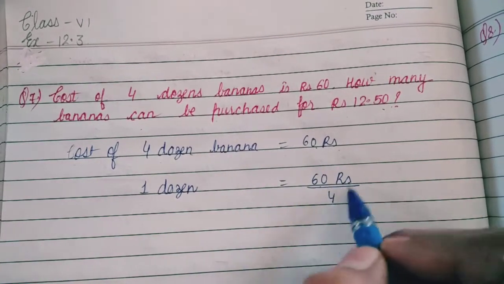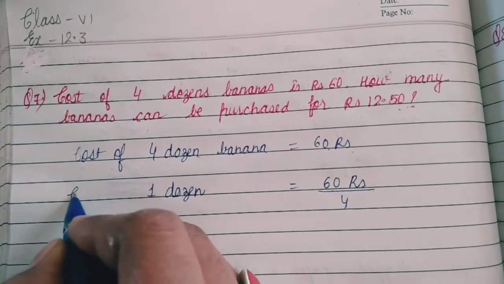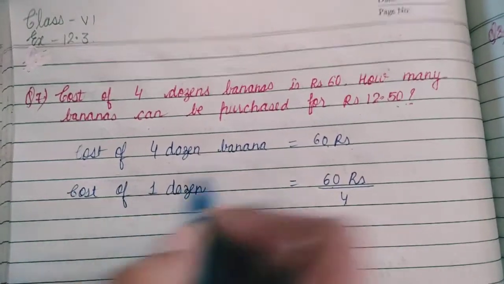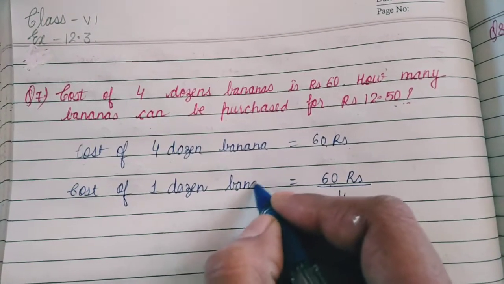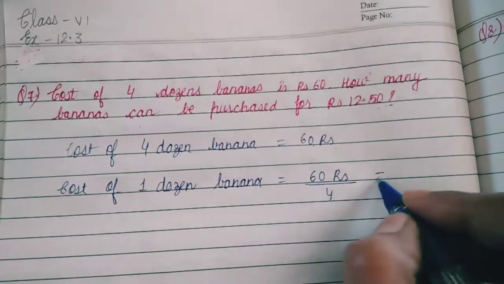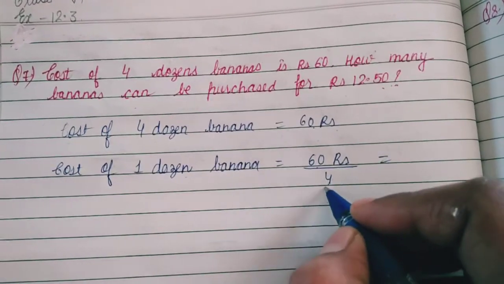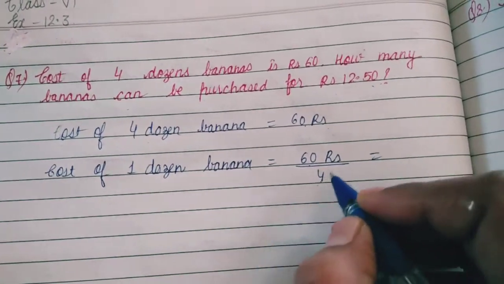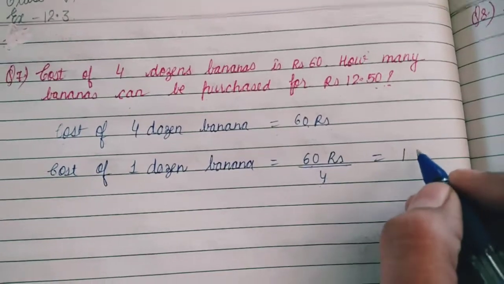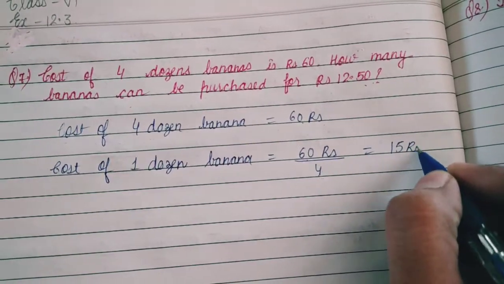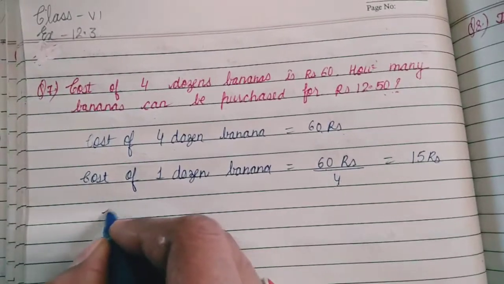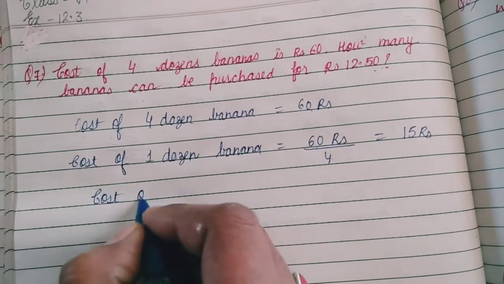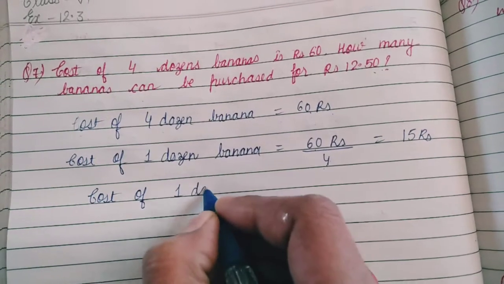When we divide 60 rupees by 4, we get the cost of 1 dozen bananas, which is 15 rupees.